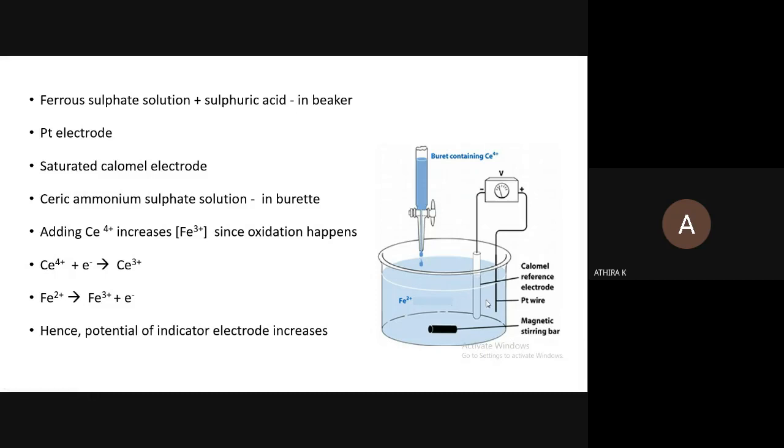So we are coupling a calomel electrode with the platinum electrode, and there is a voltmeter to read the electrode potential value.